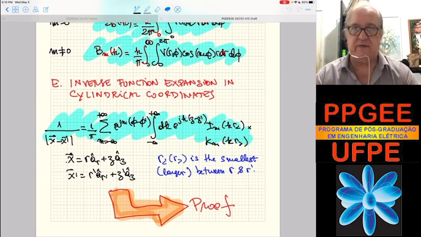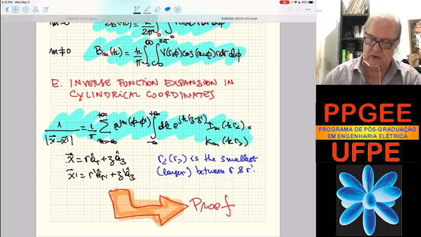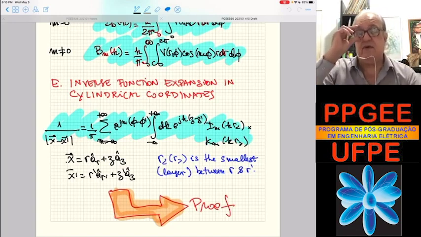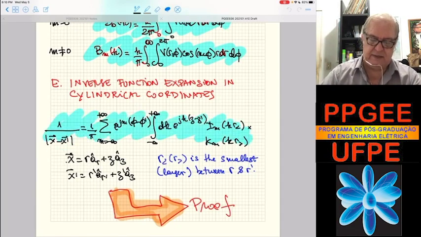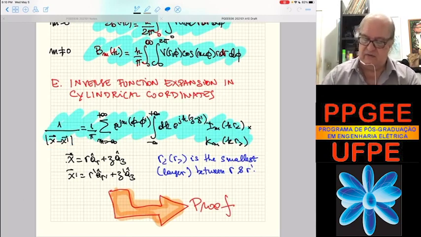I mean, there are different types of expansions. This is one of them, involving the modified Bessel functions. The inverse function can be expanded as a Fourier integral, in fact, involving the modified Bessel functions. You see the product here.